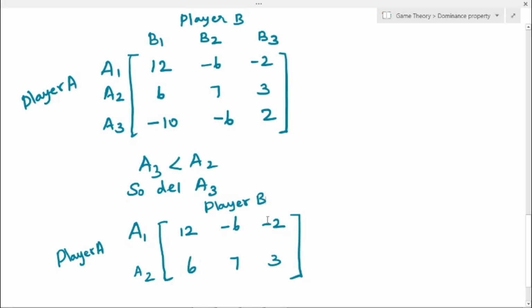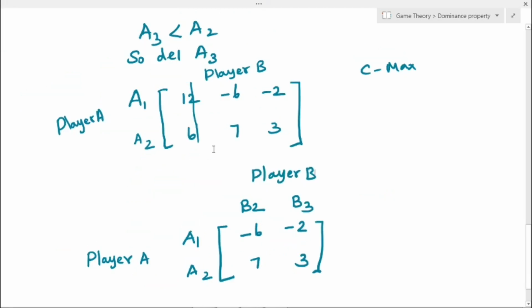So we have to delete column 1, because column wise we have to delete the maximum column. So column wise maximum, and row wise minimum row. If you are deleting the maximum column, the first column will get deleted. So the remaining values are -6, -2, 7 and 3.